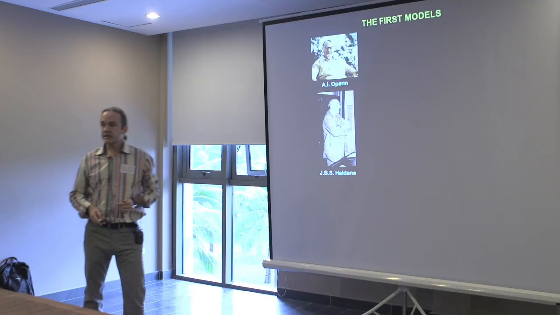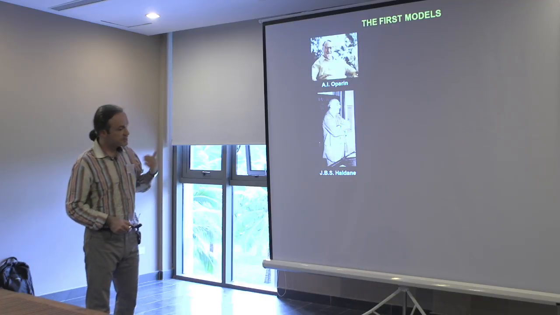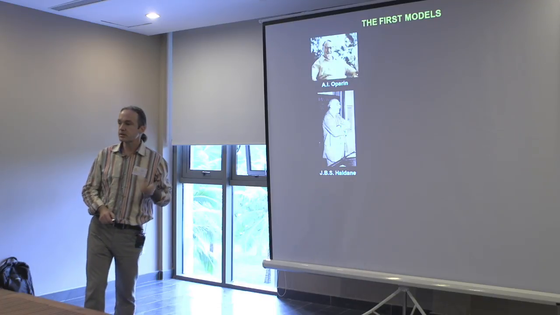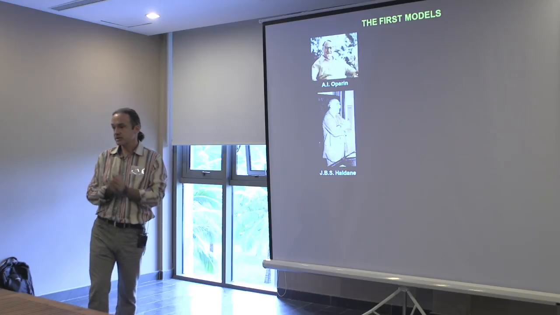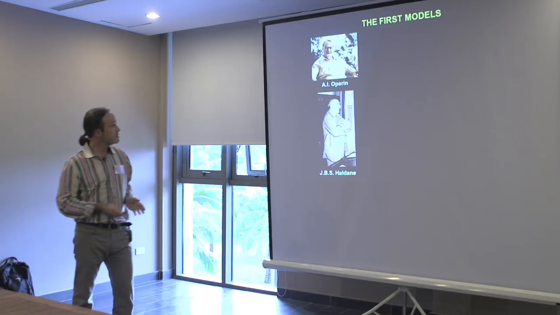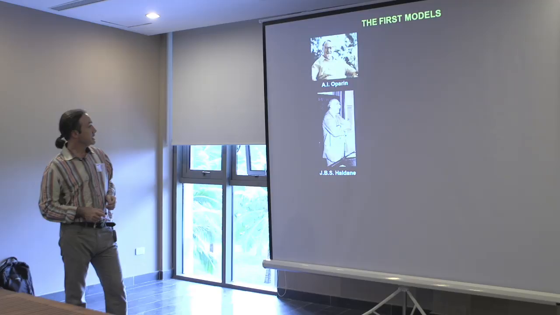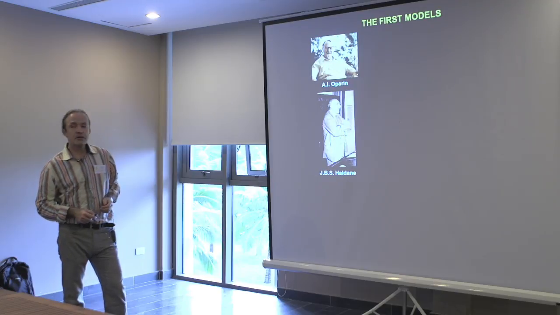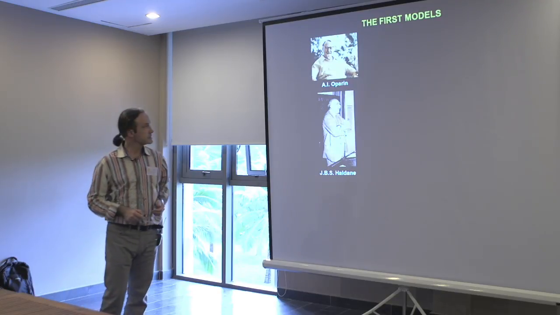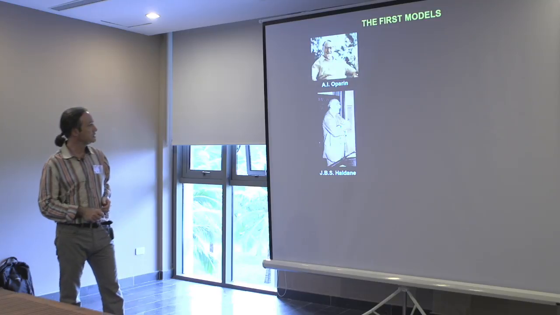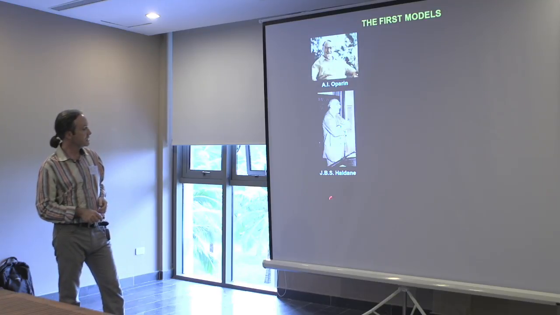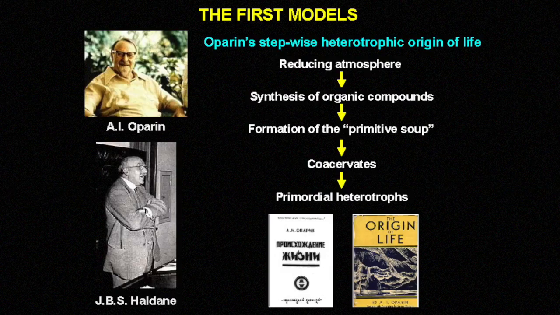The first models for this, okay, the first ideas for this were also written by Darwin in his books and in his correspondence, but the first models showed up in the decade of the 20s and 30s of last century by Alexander Ivanovich Oparin in Russia, John B.S. Haldane in England. And let's focus on Oparin's stepwise heterotrophic origin of life.